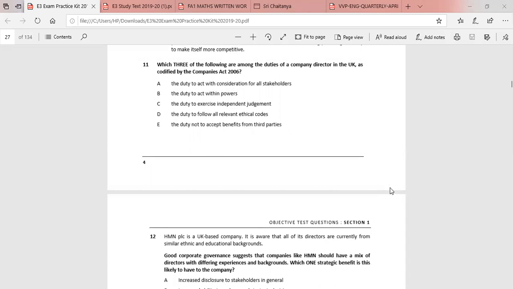Answer for the 11th one. Which three of the following are among the duties of a company director in the UK as codified by the Companies Act 2006? As a part of governance, which three of them are the duties of a company director? So, what do you think are the answers?